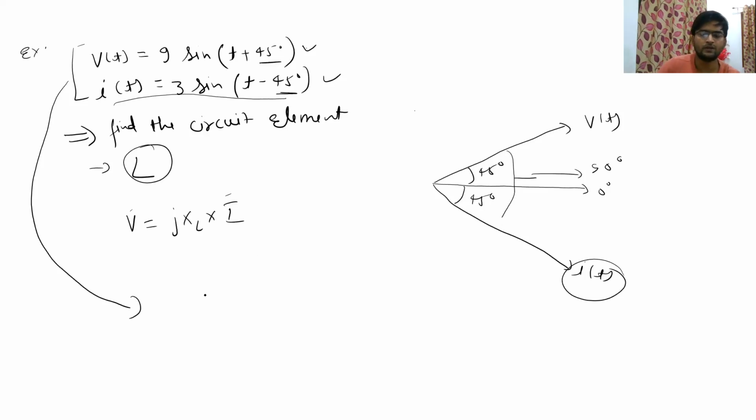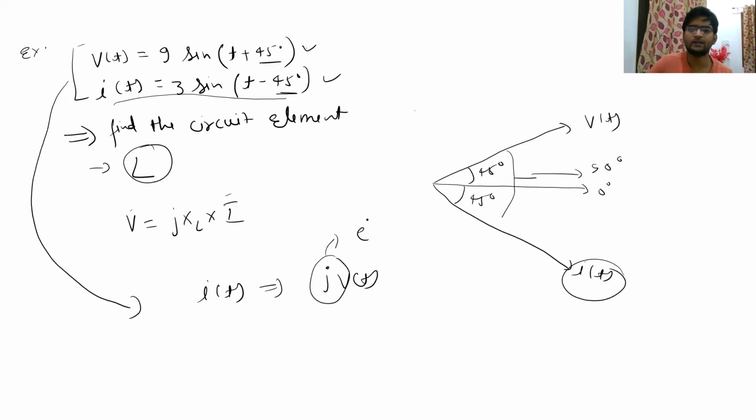So if we call It the reference point, then this Vt will have a j multiplied to it. Why j? Because this j is nothing but e to the power j pi by 2, which represents a plus 90 degree phase shift, right?